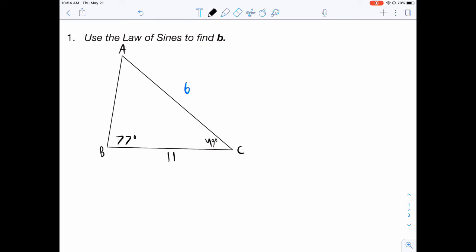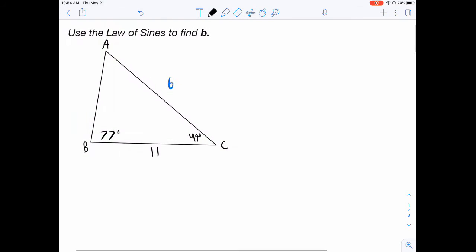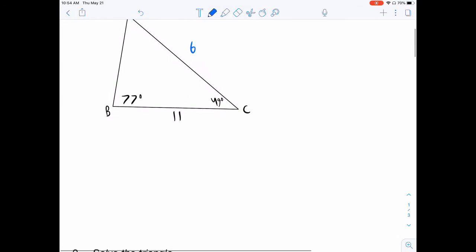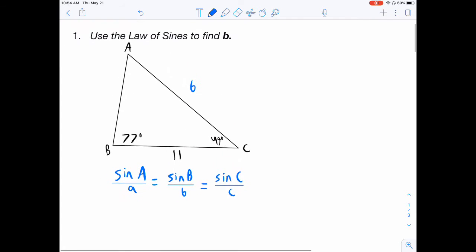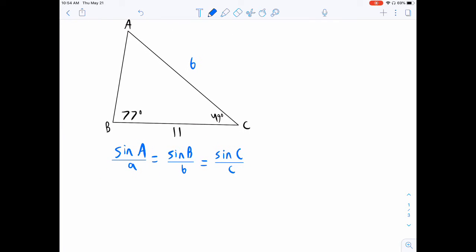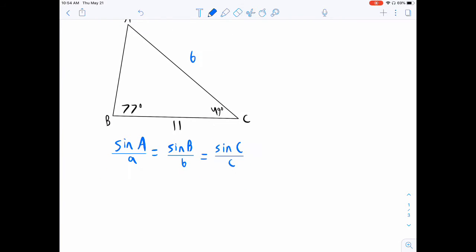So, when we begin solving it, we must first set up the law of sines itself. That being sine A, sine of angle A, over A equals sine B over side B, which equals sine C over side C. So, now that we have this set up, we can start substituting what we already have.